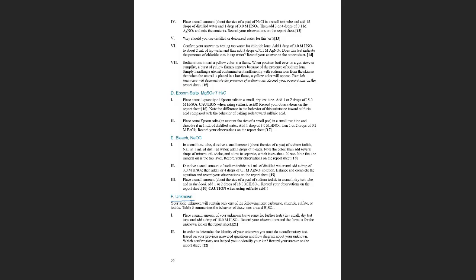It says, place a small amount of your unknown in a small dry test tube and add a drop of concentrated sulfuric acid and record your observation and the formula for the unknown. So let's go back to the question and you will tell me what you are going to answer.